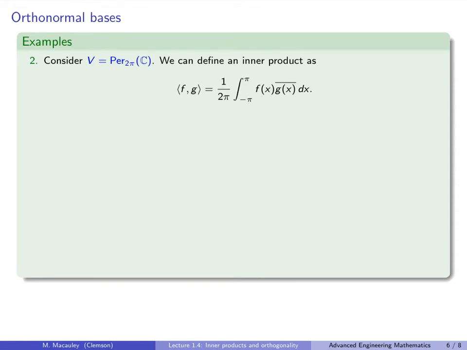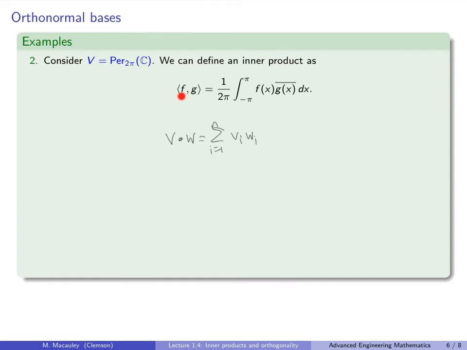Now, why would you want to do that? Well, one way to motivate it is if you think about what v dot w is, that's the sum from i equals 1 up to n of vi times wi. So you multiply them coordinate by coordinate and add that up.